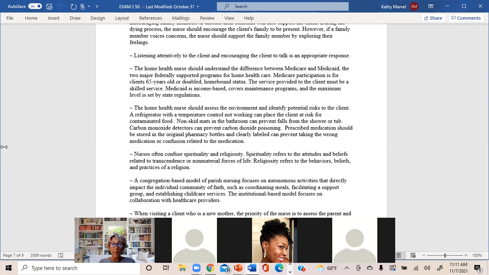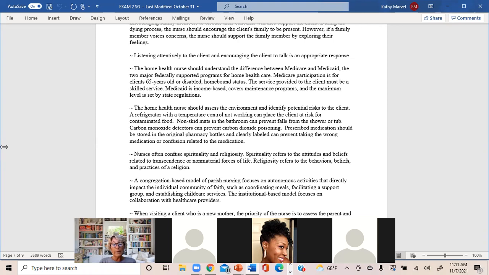Okay. And we know that Medicaid is income-based. Okay. Covers maintenance programs and it's set by the state. So yes, they're both federally funded programs, but Medicaid is operated by each state.